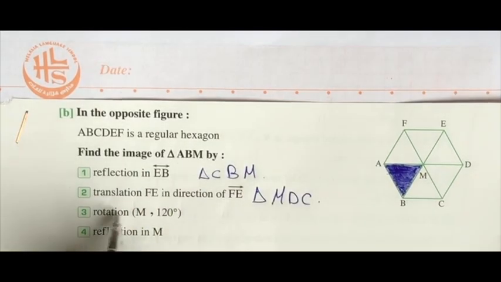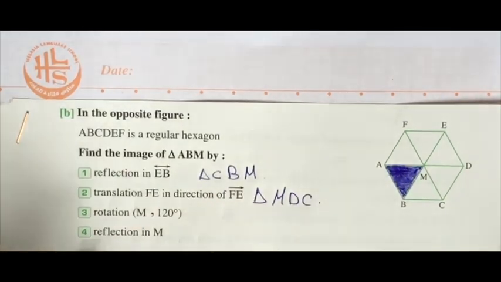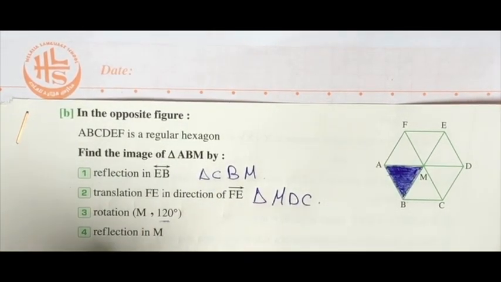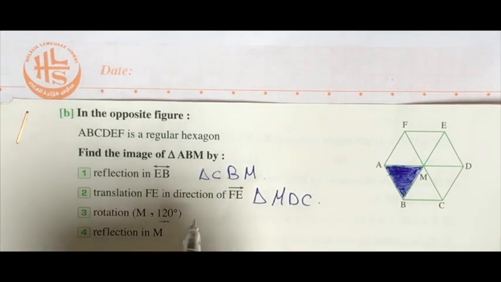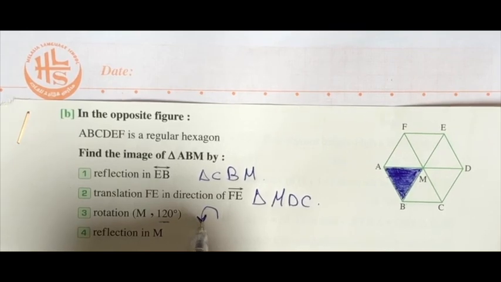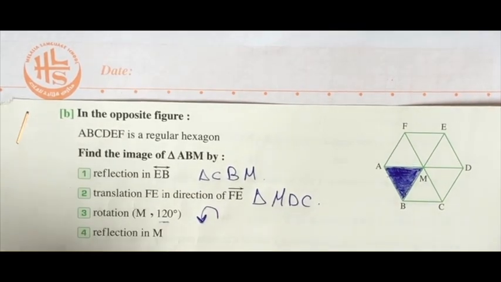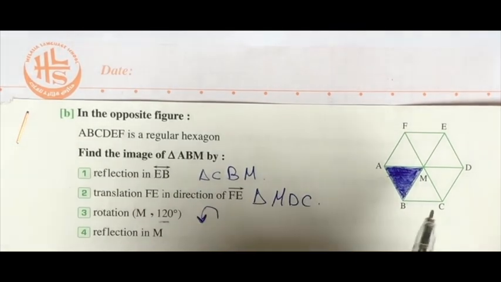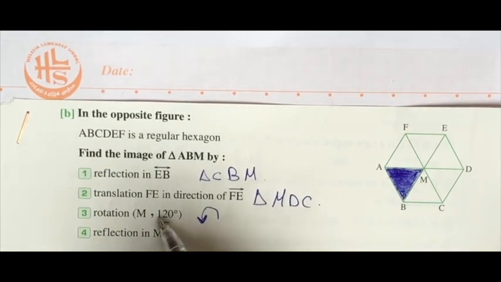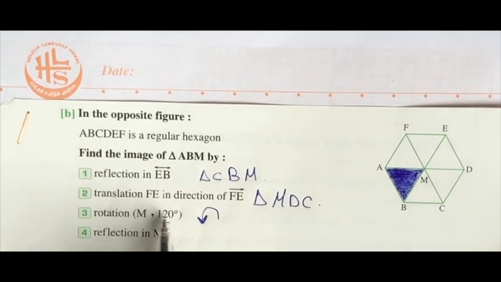Third, rotation 120 degrees around M. That's the point M. The rotation here is 120, it's positive, so we move it anti-clockwise with angle 120 degrees. So we move the triangle anti-clockwise. That means positive, because 120 is positive, not negative. By the way, if we have a negative rotation, it's going to be clockwise.